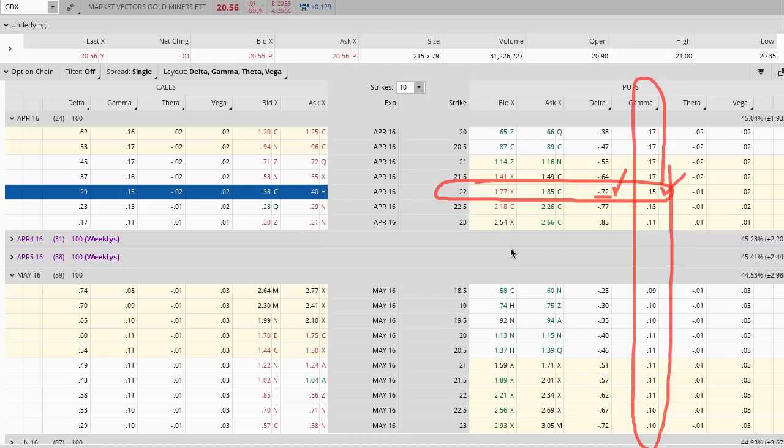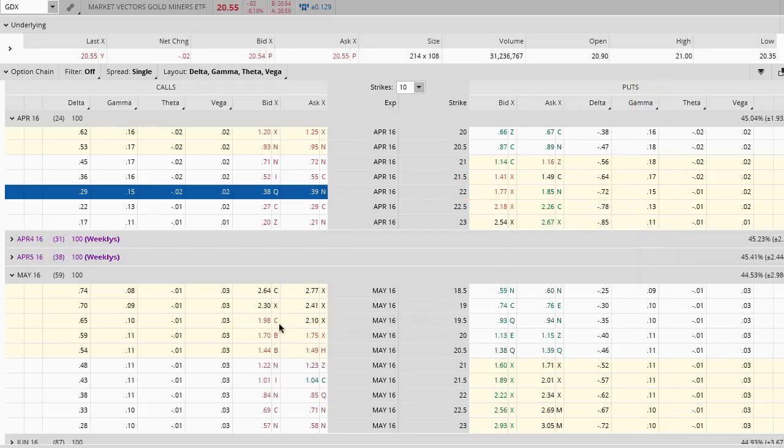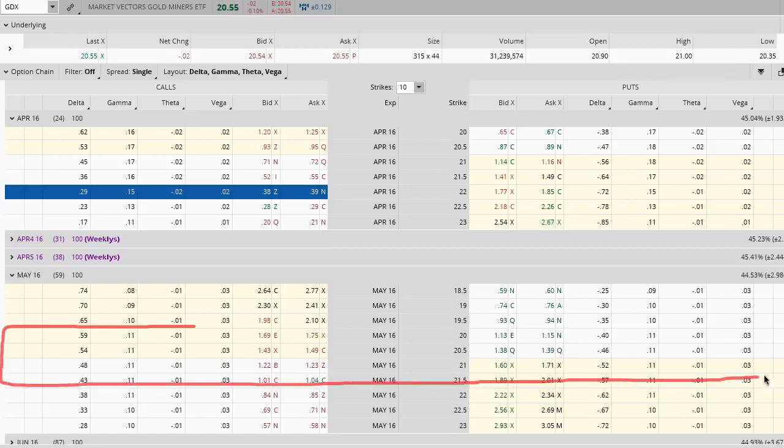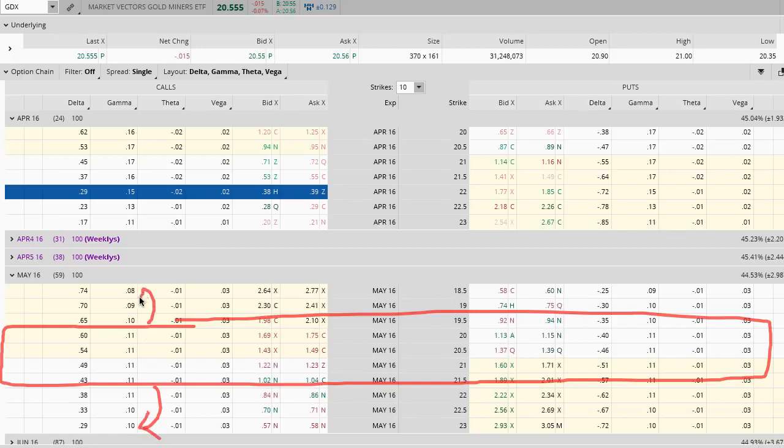Gamma is the additional money made or lost for each incremental dollar higher and lower. And notice, what's really important about gamma is that gamma is always highest when it's centered around the at the money strikes. As you go further out on each end, notice how gamma goes down.